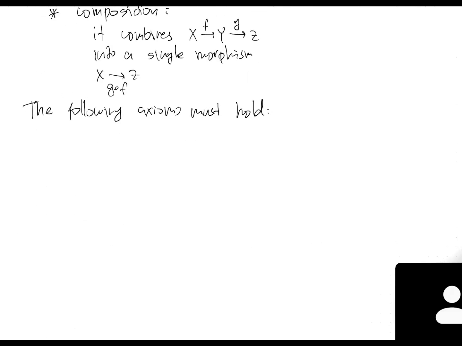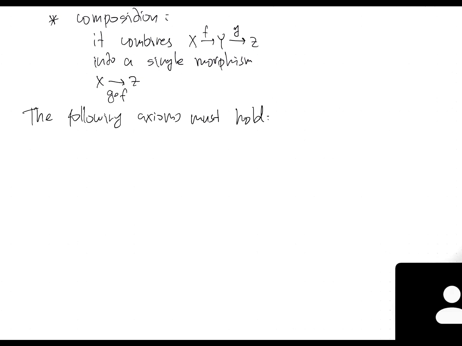What are these axioms? Well, first one is called associativity, and I'm going to make a drawing for it. Let's say we have F, G, and H. By applying the composition operation, we could form G composed with F, right?